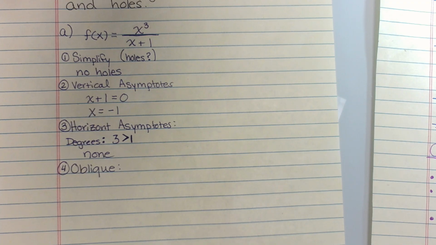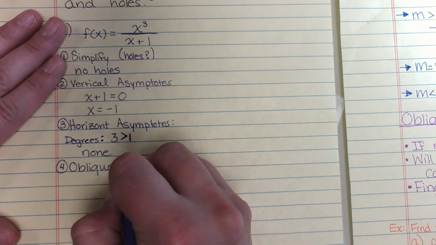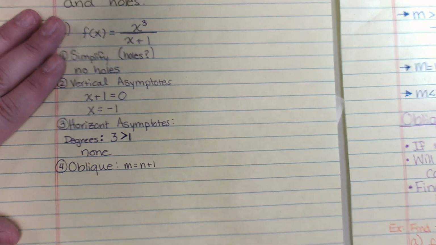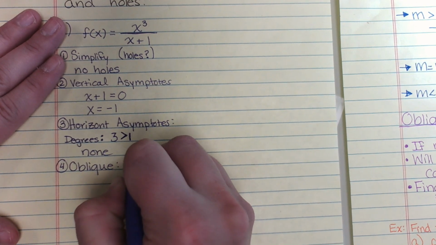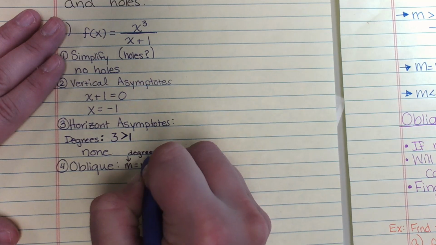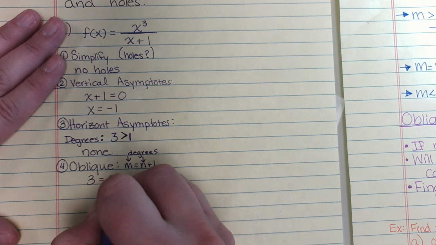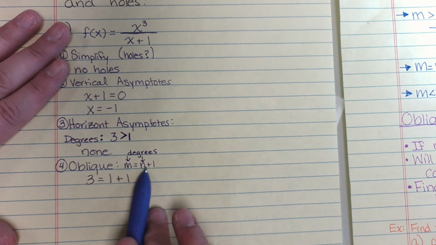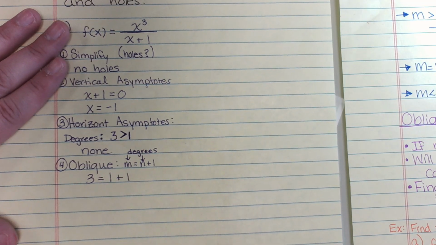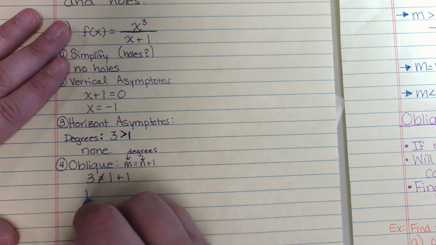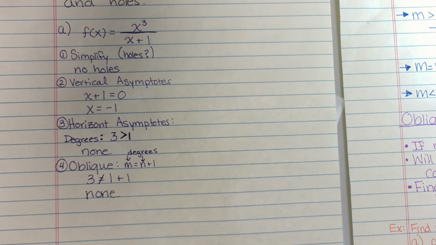If there is a horizontal asymptote, oblique asymptotes do not occur. So there is no horizontal asymptote here, so I'm going to check if there's oblique. The rule for oblique is that m is equal to n plus 1, where m and n are the degrees. Is 3 equal to 1 plus 1? I just plugged in my m and my n, my 3 and my 1 that I found earlier. No. That means there's no oblique asymptote on this one either.